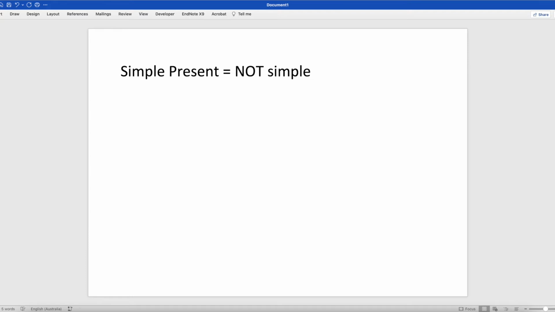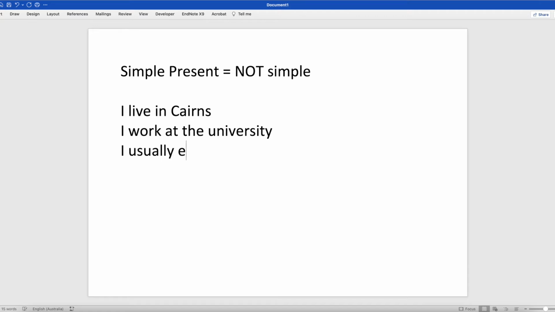We'll have sentence level practice with examples such as I live in Cairns, or I work at the university, and maybe eat, such as I usually eat toast for breakfast.